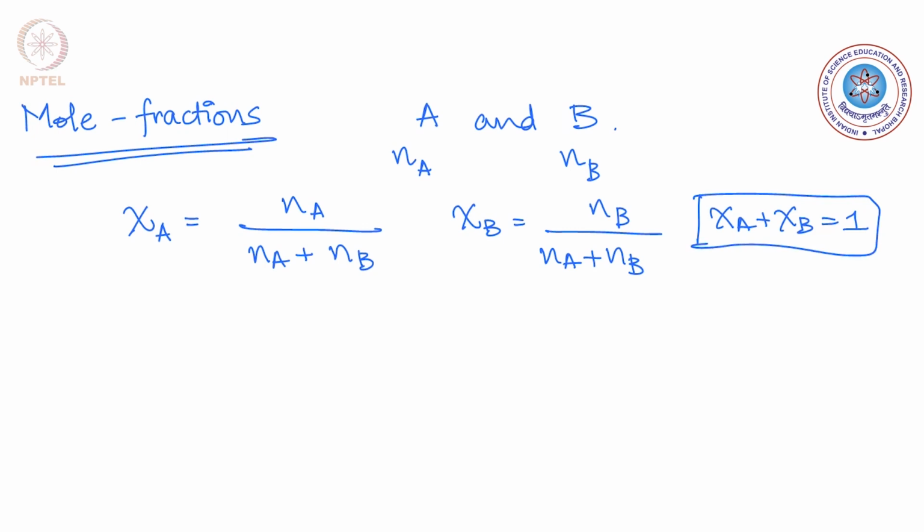So, basically the definition of mole fraction chi i is going to be given by Ni divided by the sum over Ni, where i goes from 1 to n.